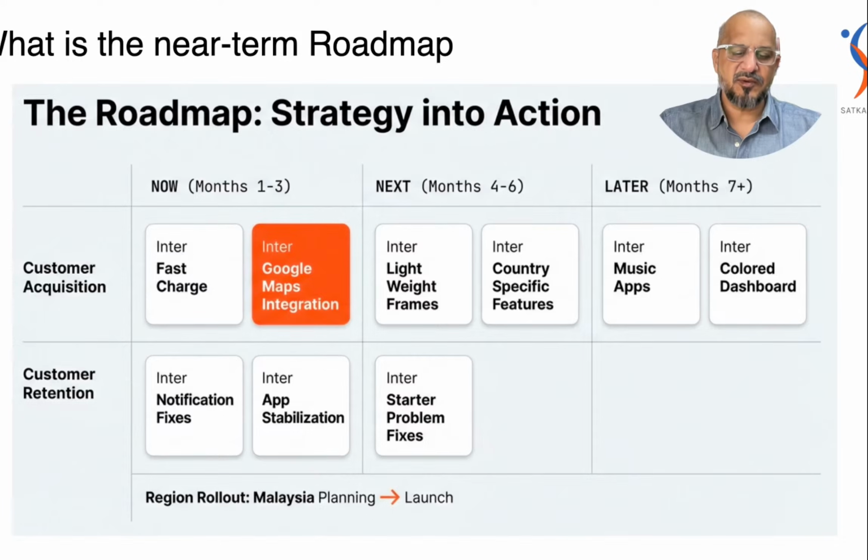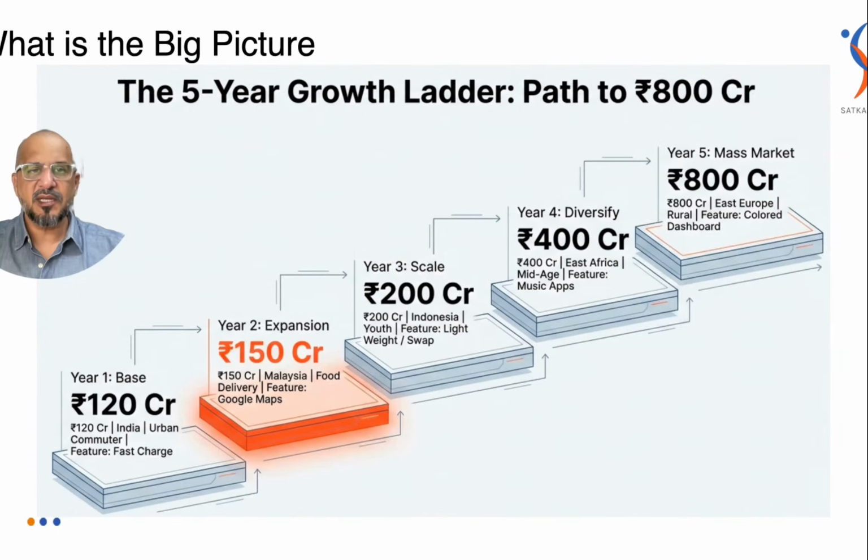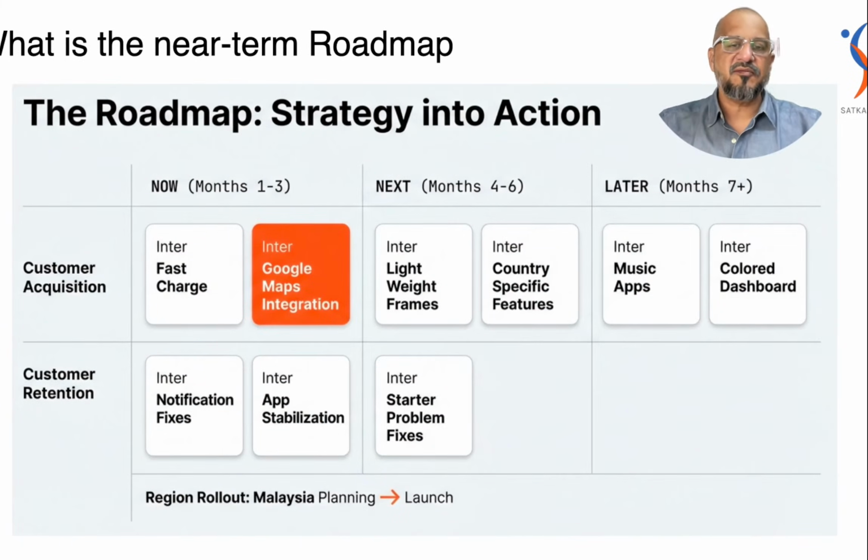And when I say winner, it's not just somebody's whim, but there is a scientific method of prioritizing one over the other, of trying to find the impact of Google Maps on my growth, what I showed you earlier, versus the impact of music apps on my growth. And we have found out, let's say, that Google Maps needs to be done first. That is why it is in the now bucket.